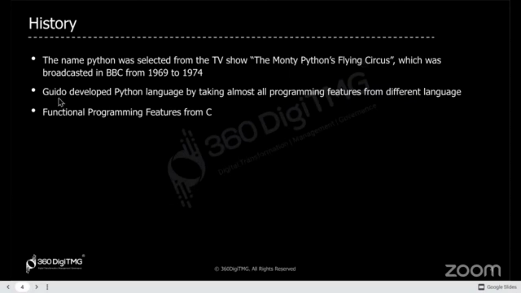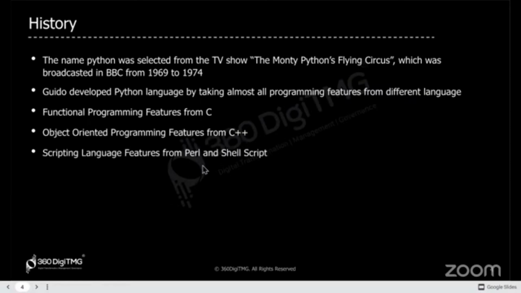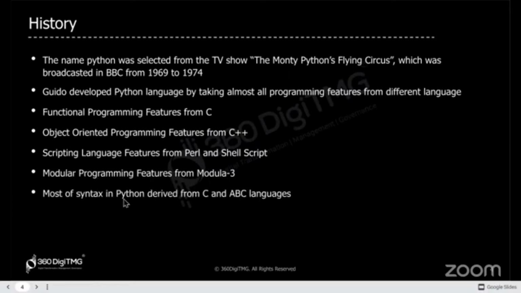So Guido developed the Python language by taking almost all programming features from different languages. Functional programming features from C, object-oriented programming features from C++, scripting language features from Perl and Shell script, modular programming features from Modula-3, and most of the syntax in Python is derived from C and other languages.